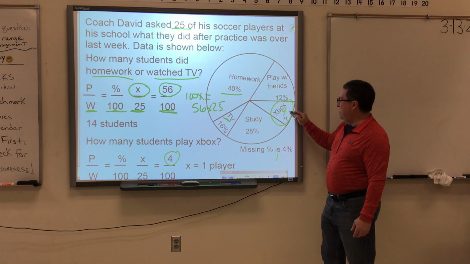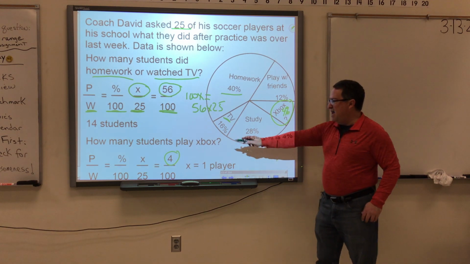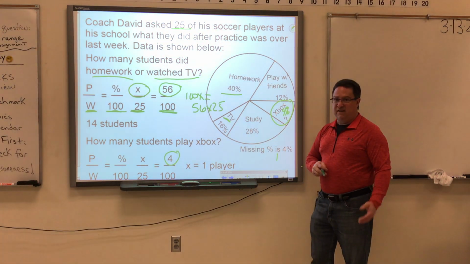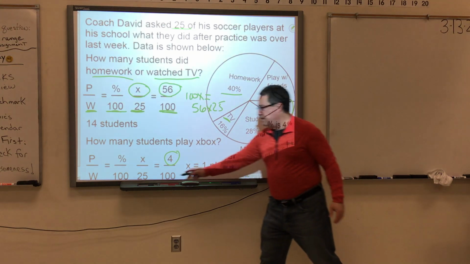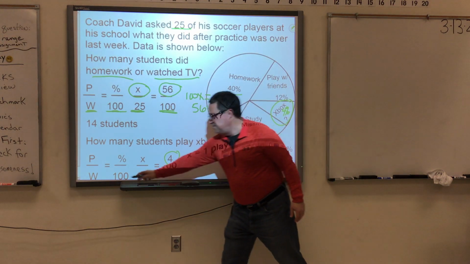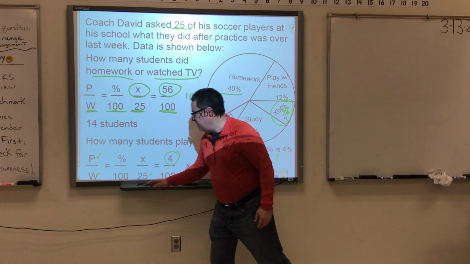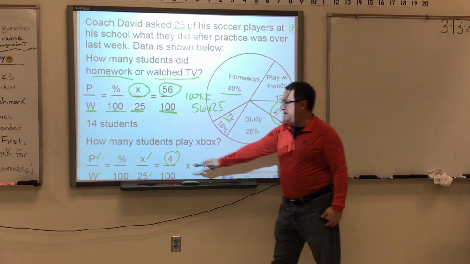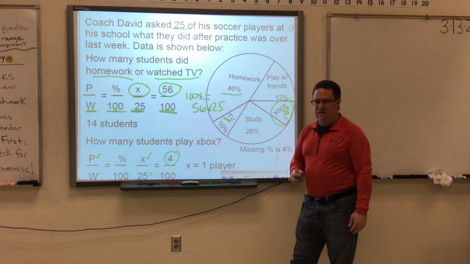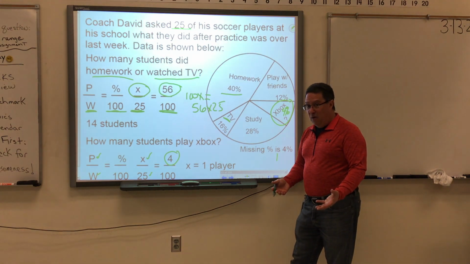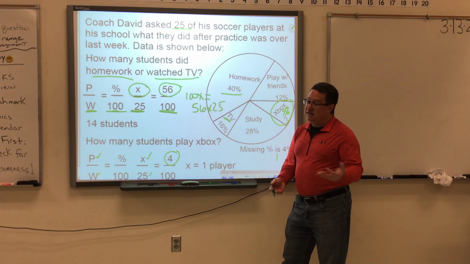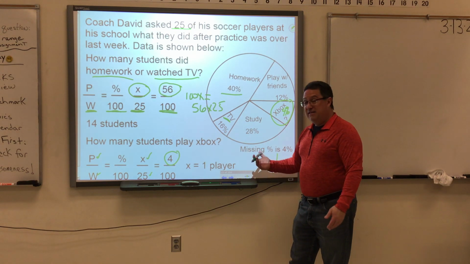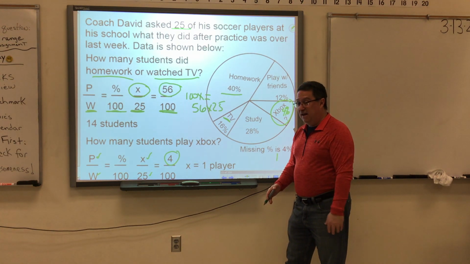So I'm going to go ahead and write that in here because it asks how many students play Xbox. I'm going to use that same proportion. Total number of students, whole number. The part of the students percentage-wise that I already know will turn into the number of students that I need to know. Pause if necessary, figure this one out, then move on. See you at the next slide.